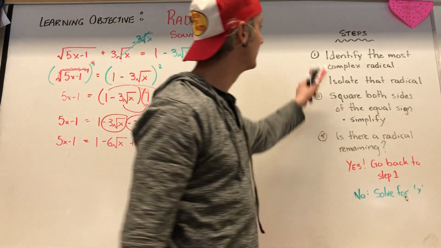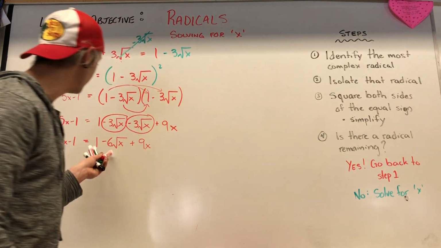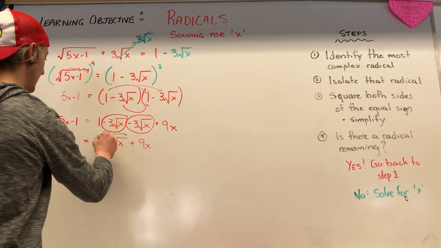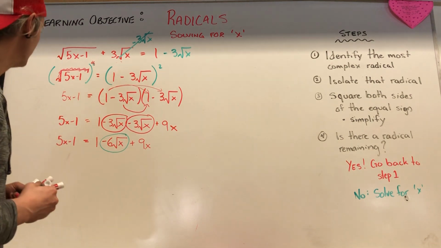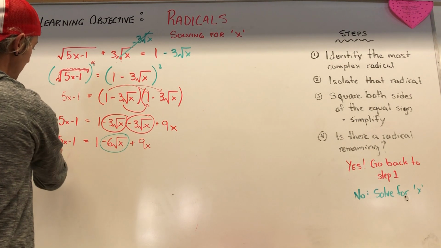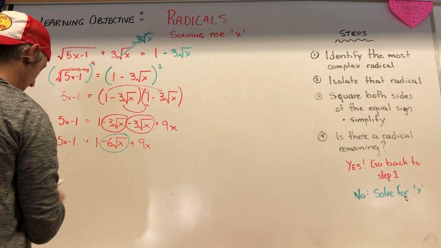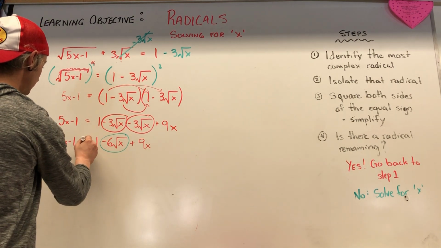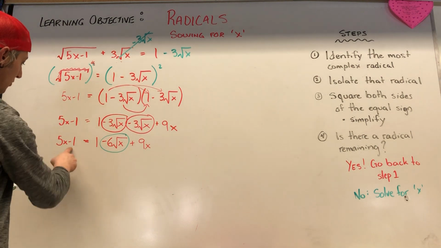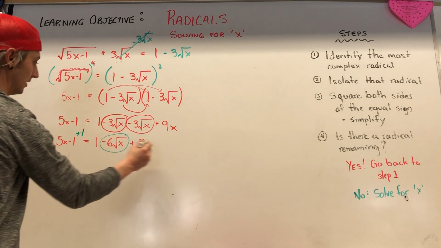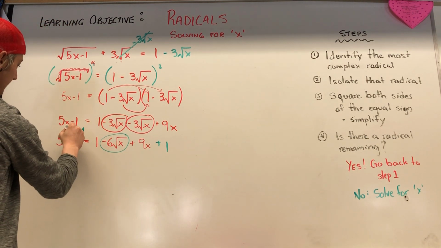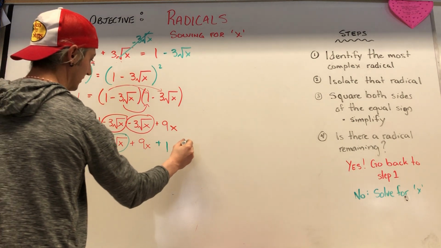So I have to go back to step 1, and I've identified that this is my most complex radical, and I'm going to isolate it. I'm going to isolate it by moving it to this side and then moving all of this back over here. So I will do that first by getting rid of the 1 by adding 1. I'm going to add 1 here, that goes away, and then I'm going to subtract 5x, subtract 5x.